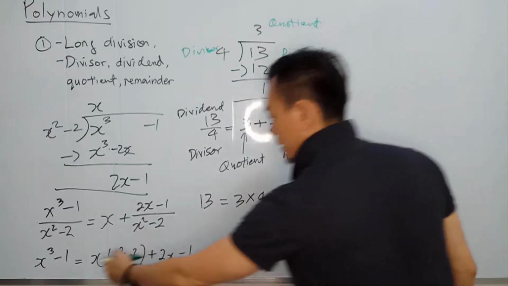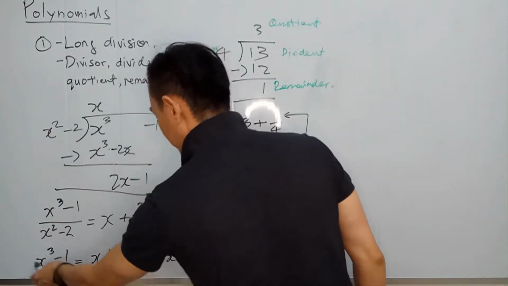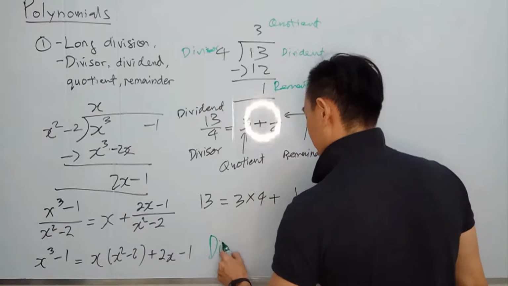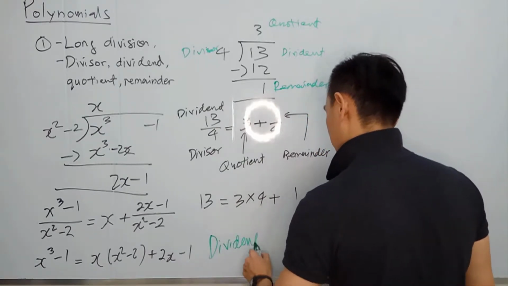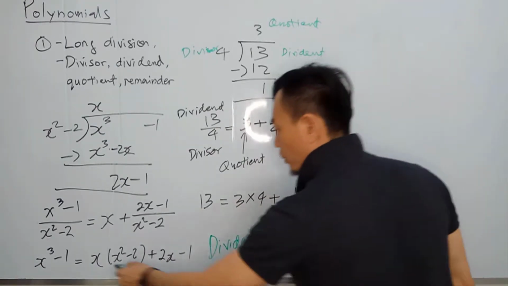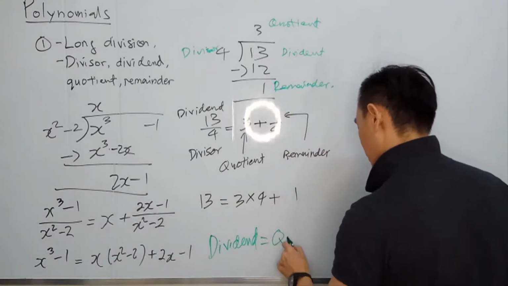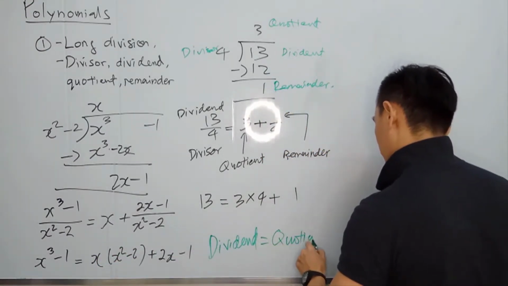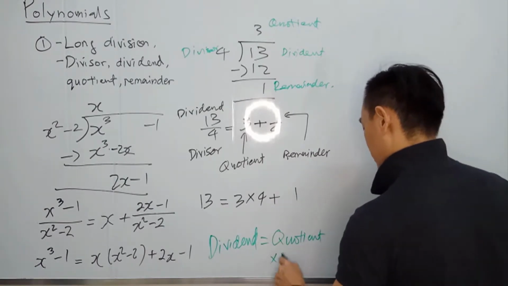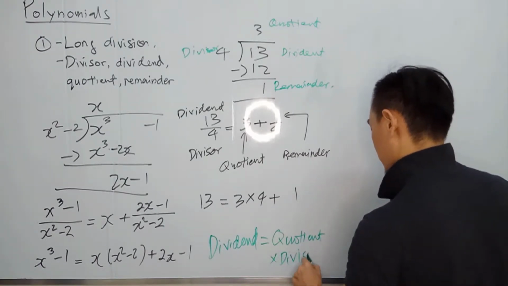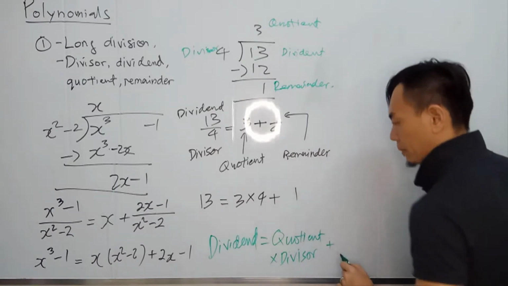And we say that this is the divisor, right? No, this is the dividend. We say that the dividend is equal to quotient times divisor plus remainder.